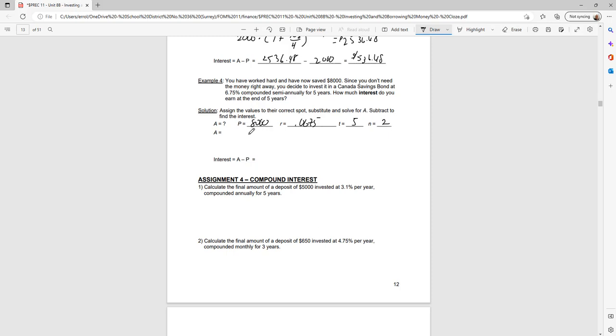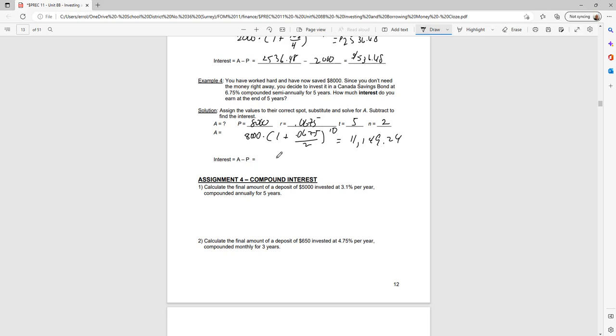So here is how the formula works. My amount is 8,000 times (1 plus 0.0675 divided by my number of compounding periods, which is 2), to the power of 5 times 2, which is 10. If you punch this into your calculator, again, I won't bother showing this to you, you should have gotten $11,149.24.